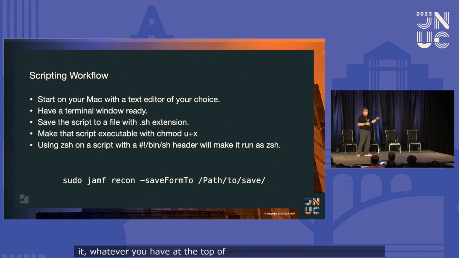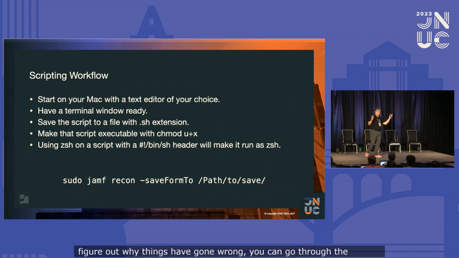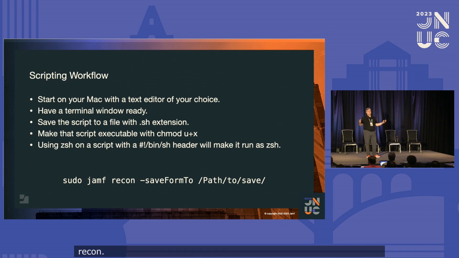And then you might not get what you expect as its result. And once this goes live and you need to figure out why things have gone wrong, you can go through the Jamf Recon, add that switch to it for save form 2, and put it to the path that you want, and you'll get your gigantic XML that Jamf Recon would send up to Jamf Pro, but you can see it there.